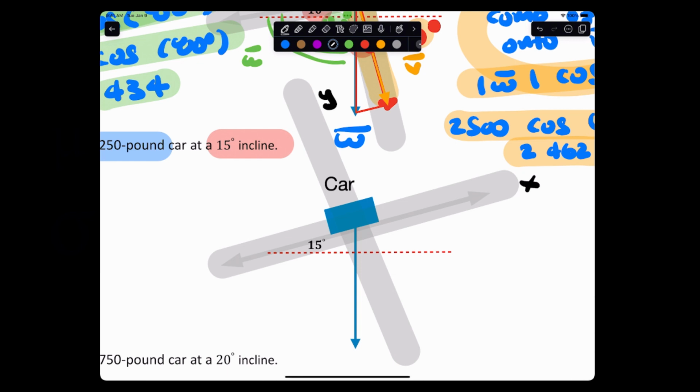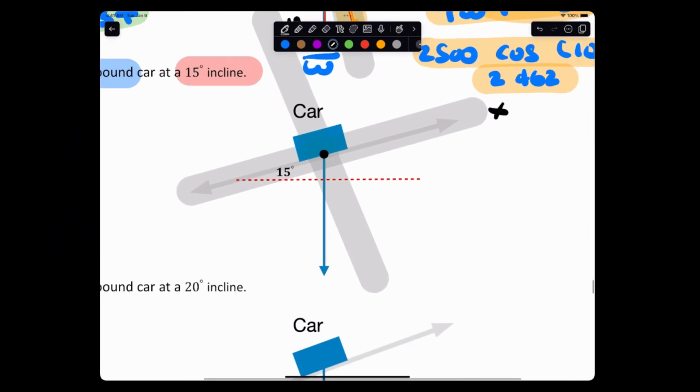So again, you say, okay, here's that point. You got that 15-degree angle. When we draw that right triangle here, that 15 degrees goes where? Where does 15 degrees go? Right here. Is that right?